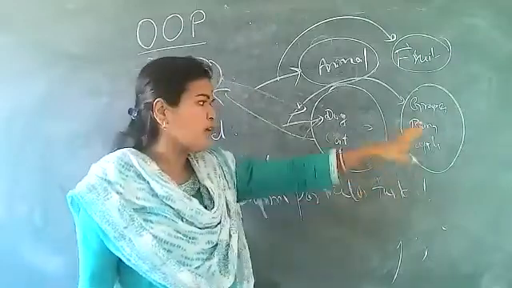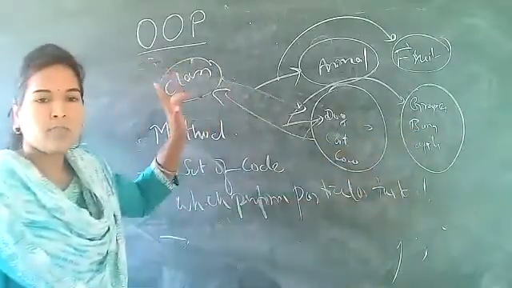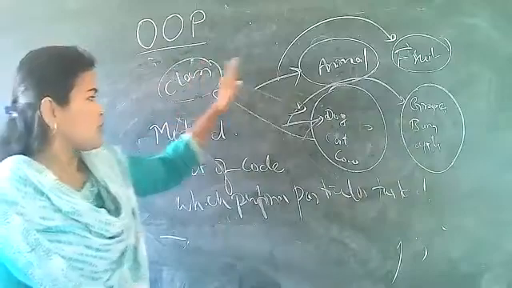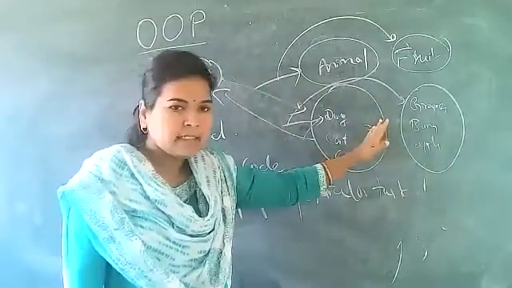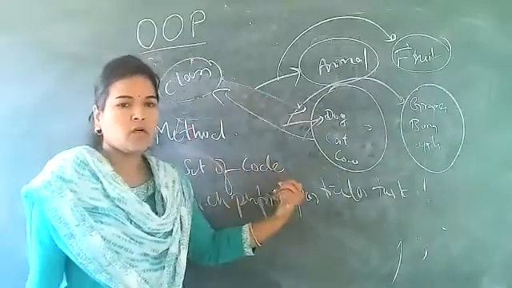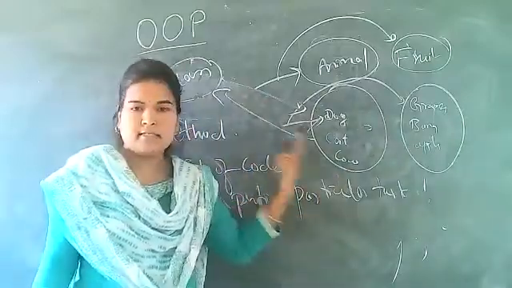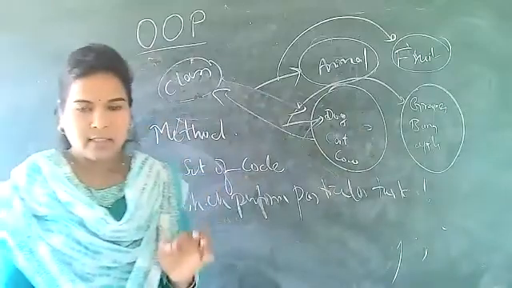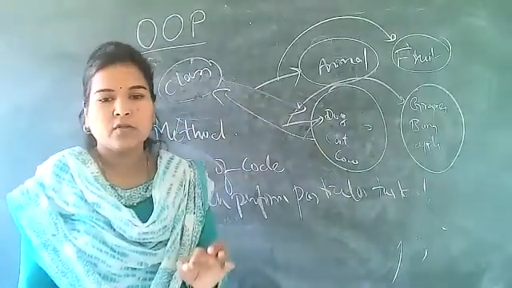An object occupies memory, and is present in the real world. What is a method? It is a particular set of code which will perform a particular task. So these things are very basic.